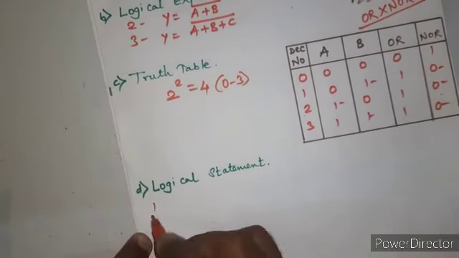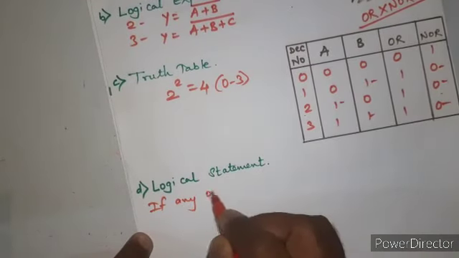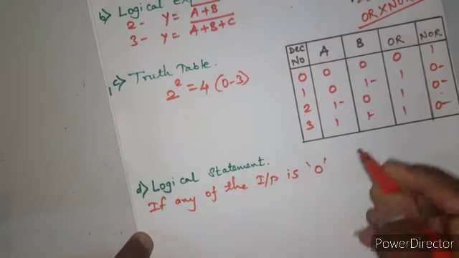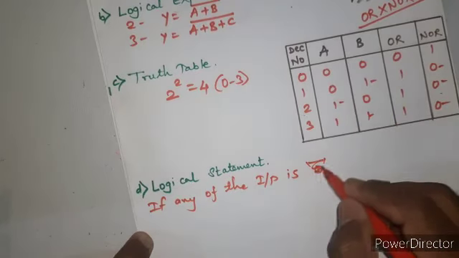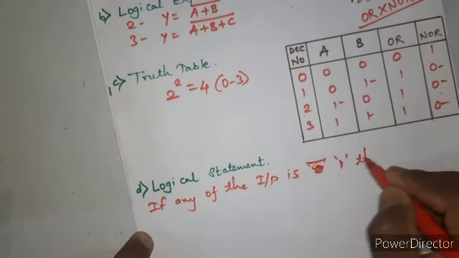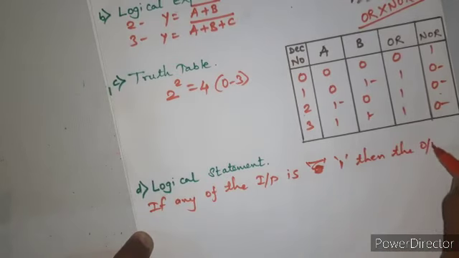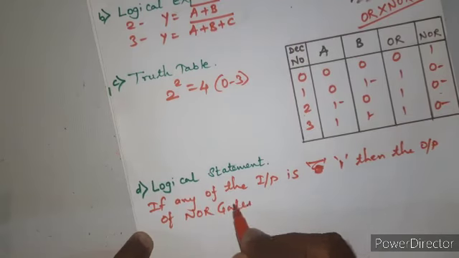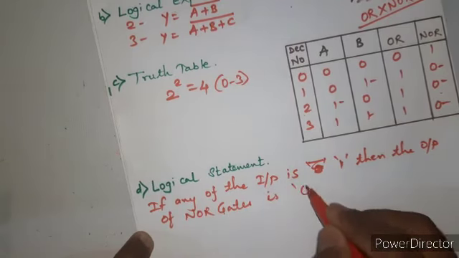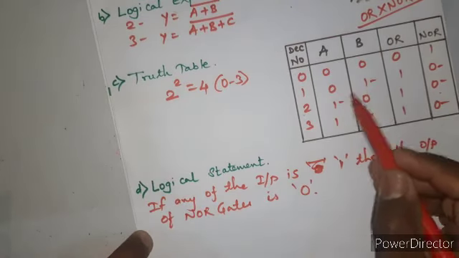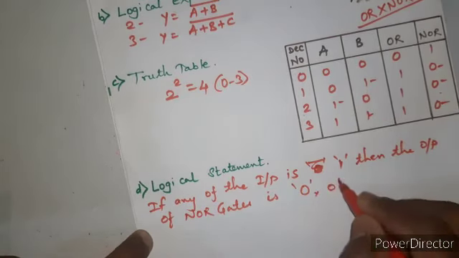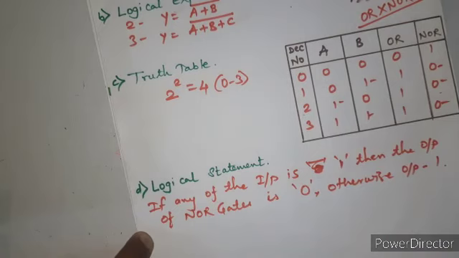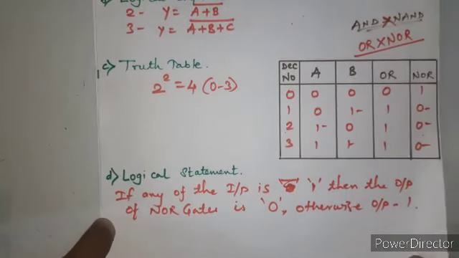So I can write down, if any of the input is 1, then the output of NOR gate is 0, right? If any of the input is 1, output is 0, otherwise output is 1. So this is how the statement is.